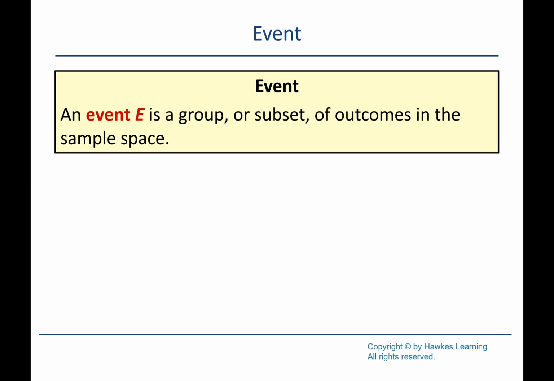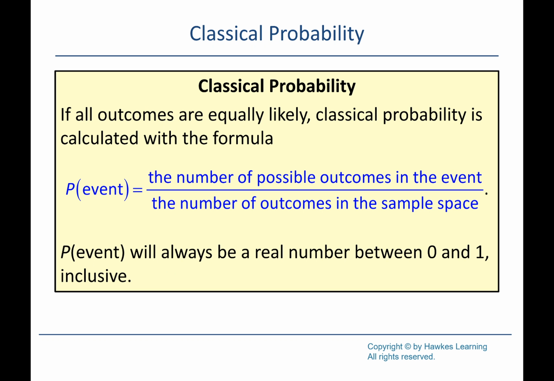The first type of probability we're going to look at is what we call classical probability. With classical probability, we're thinking all of our outcomes are equally likely. And then we can calculate our classical probability this way.